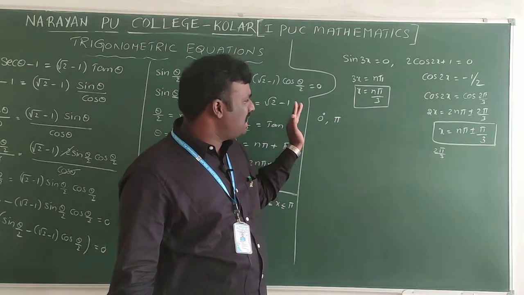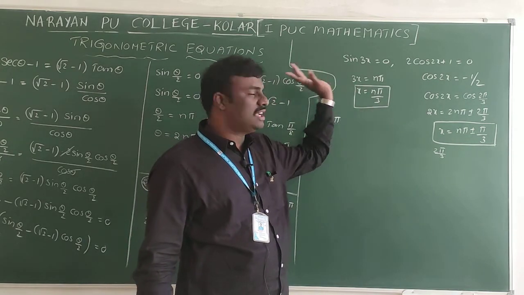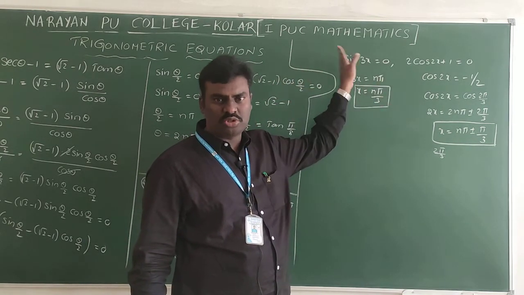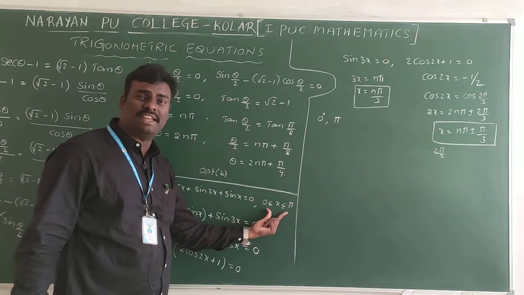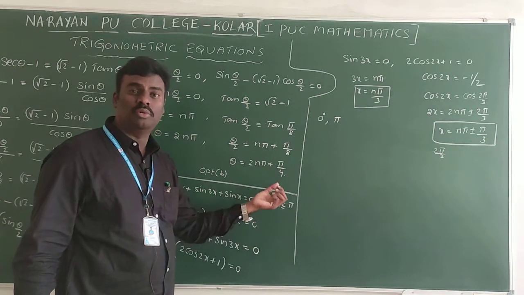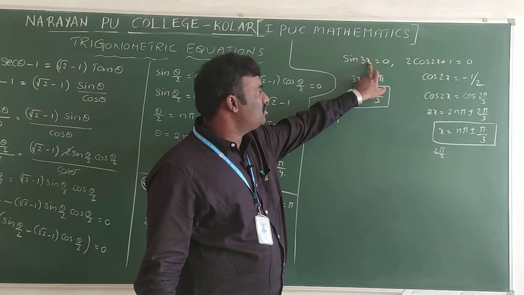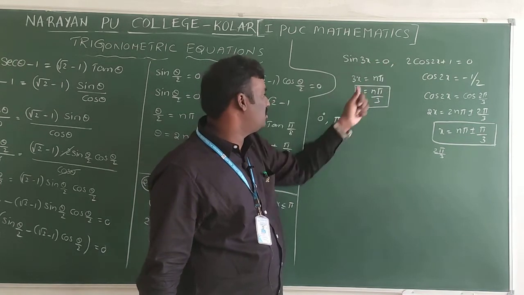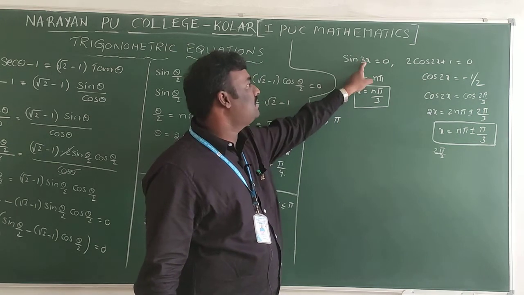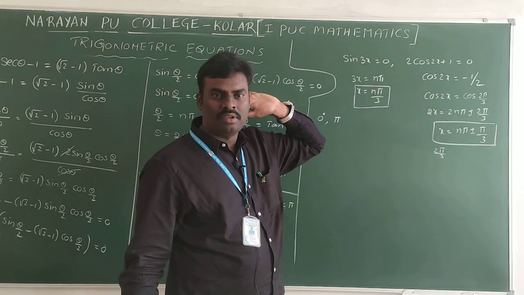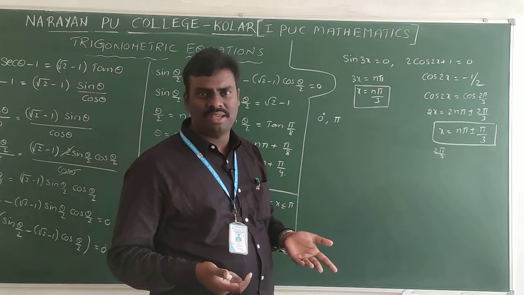Here we got two values, here we got one value. How to find all these values? You just substitute n equals to 0, n equals to 1, n equals to 2, n equals to 3. But the resultant x value compulsorily lies between 0 to 180. See here, if you take x value 0, 3 into 0 is 0, sin 0 value is 0. If you take x value pi, sin 3 pi value, sin pi value, all are the same, 0 you will get.